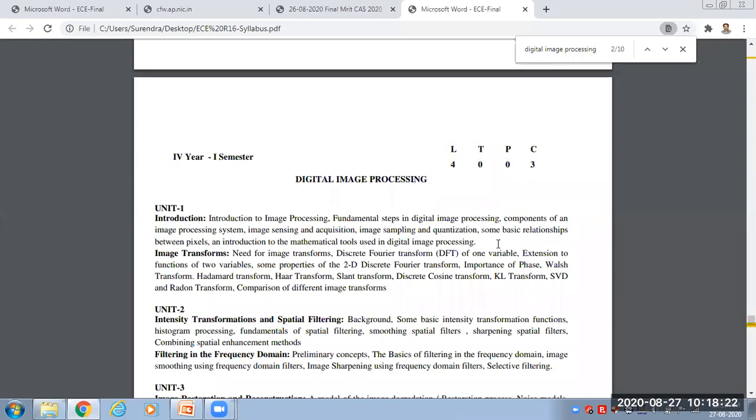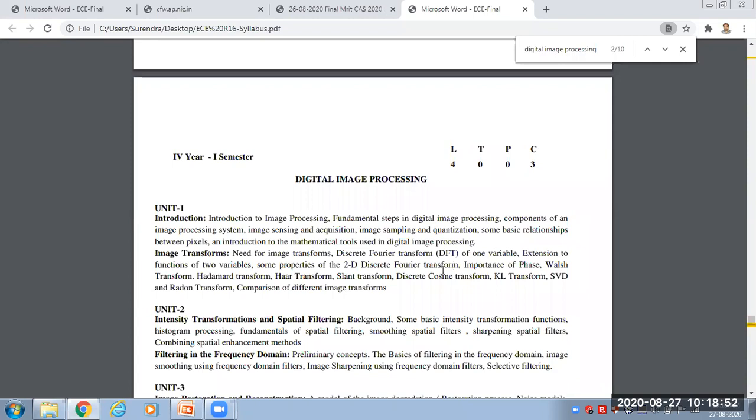Once again, I'm asking, please write down: introduction to image processing, fundamental steps in digital image processing, components of an image processing system, image sensing and acquisition, image sampling and quantization, some basic relationships between pixels, and the last one is introduction to mathematical tools used in image processing.